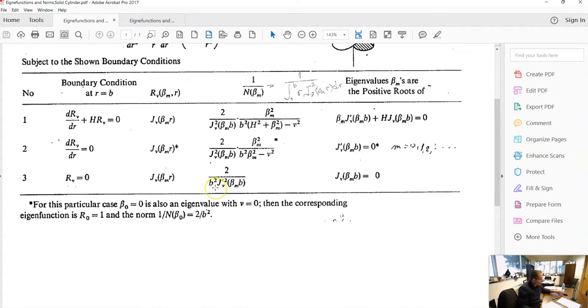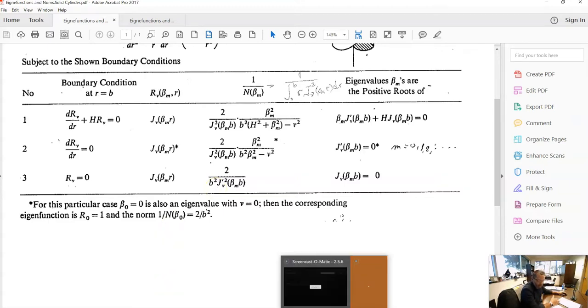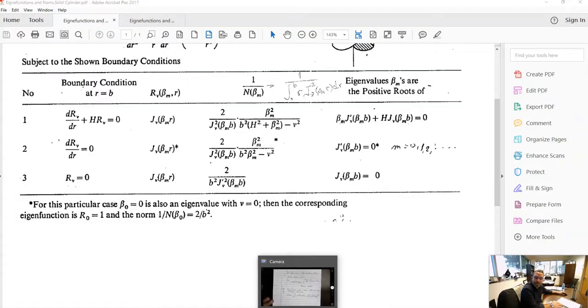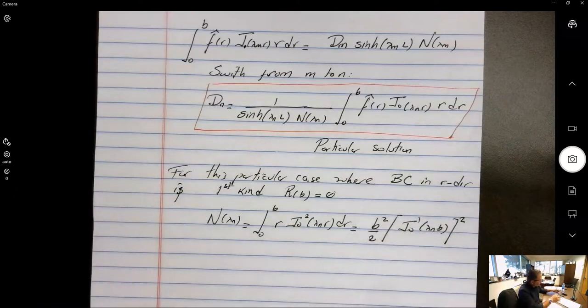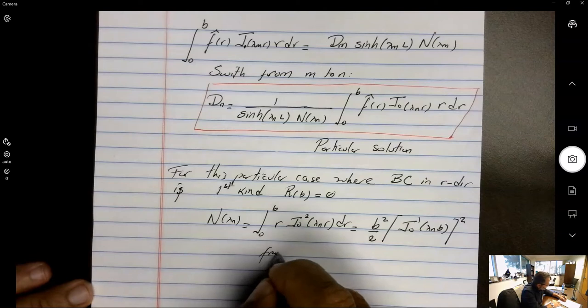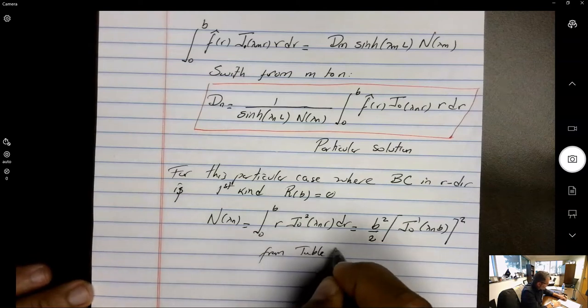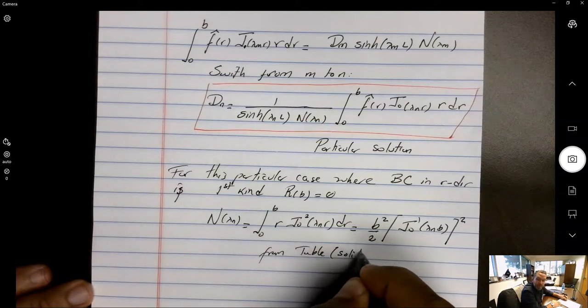So it's b squared over 2. Fix this here. Yes, b squared over 2. So this would be b squared over 2 from table, solid cylinders.